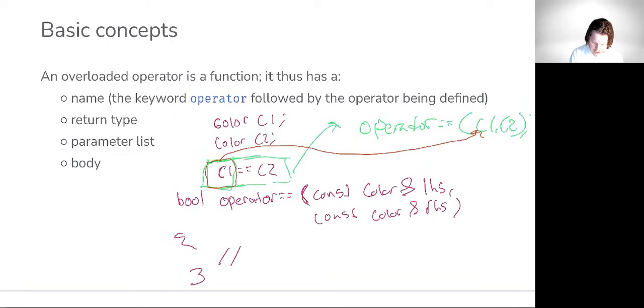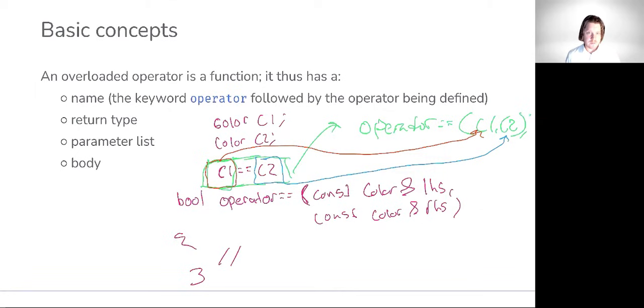The second operand will be used to initialize the second parameter. In this case, that's why I named it RHS, just so it's clear which operands the two parameters are going to be referring to.